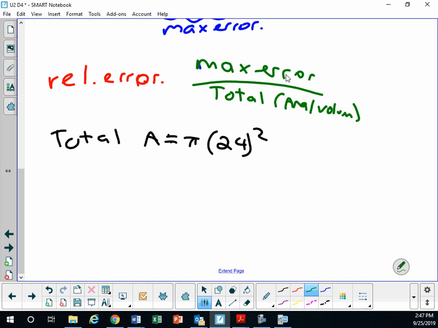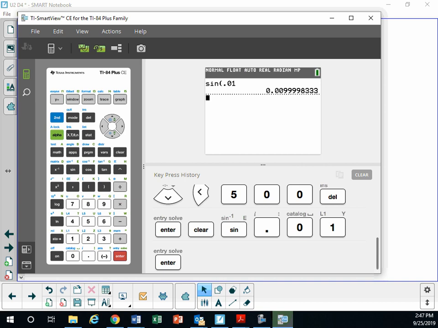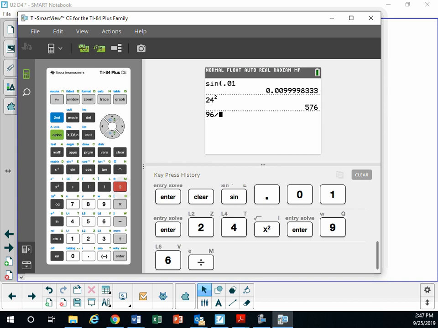And so my relative error would be my max error, which was 96 pi, over 24 squared pi, or 96 over 24 squared. And I have 96 divided by 24 squared.